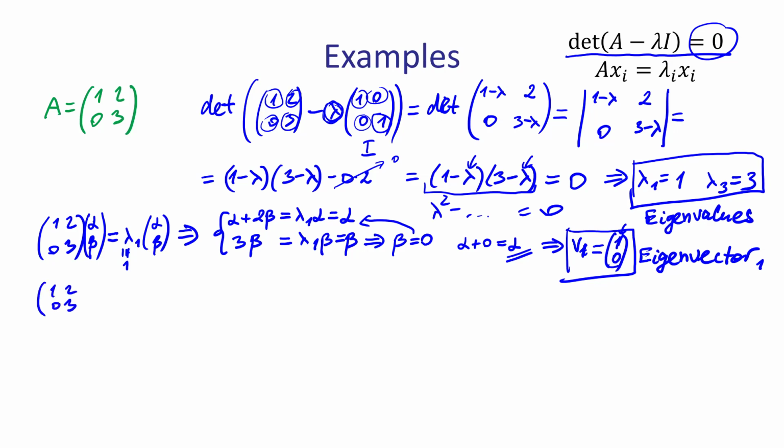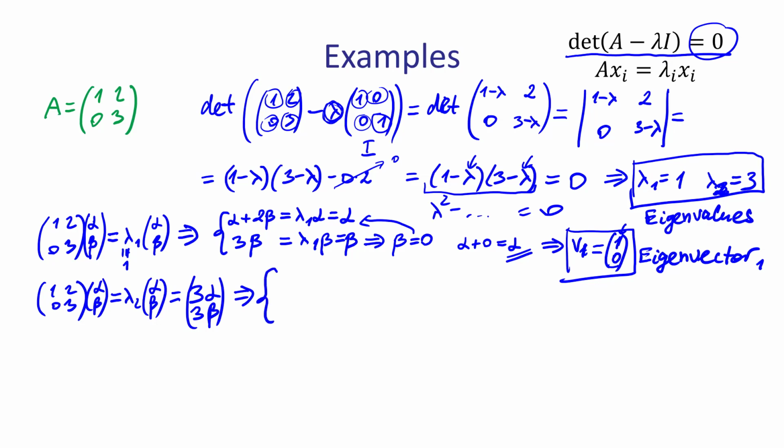The second one you find the same way. 1, 2, 0, 3 multiplied by two unknowns equals lambda 2 multiplied by the same two unknowns. And it equals also, this should be 2 of course, so the second one is 3. This is what it should be.